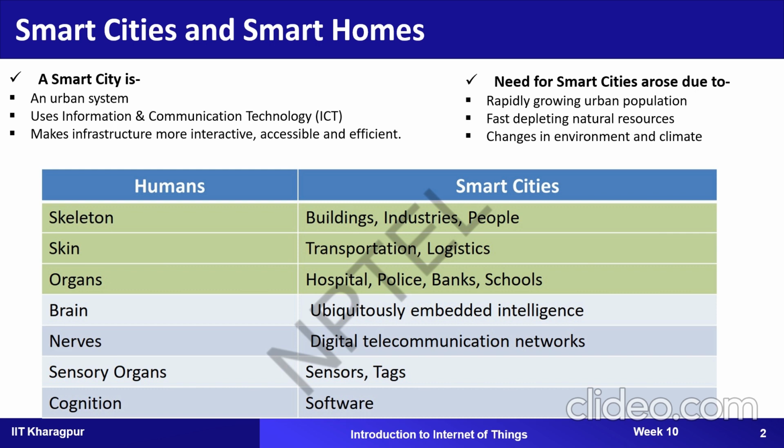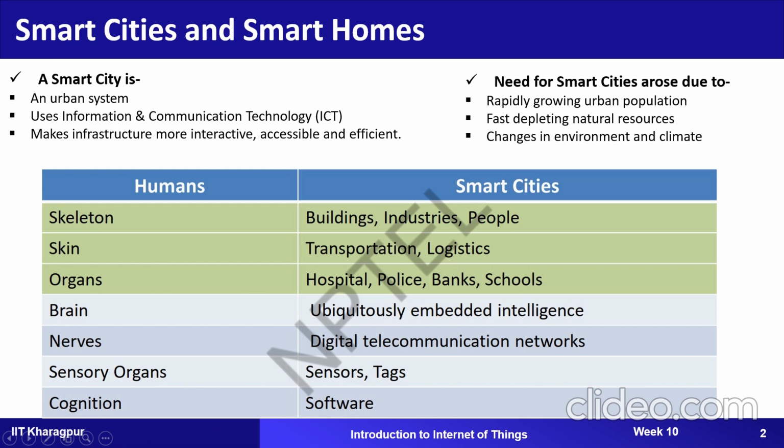In this table, an analogy is created between humans and smart cities. For example, in humans there are skeleton, skin, organs, brain, nerves, sensory organs, cognition. Similar to this, in smart cities there are buildings and industries.